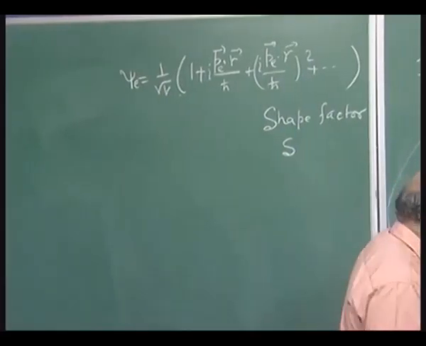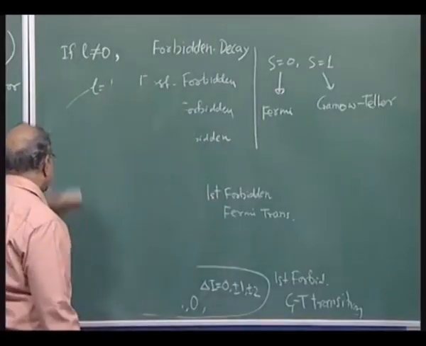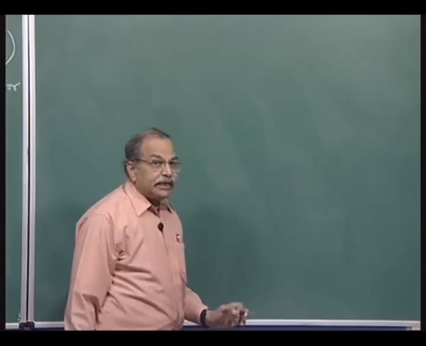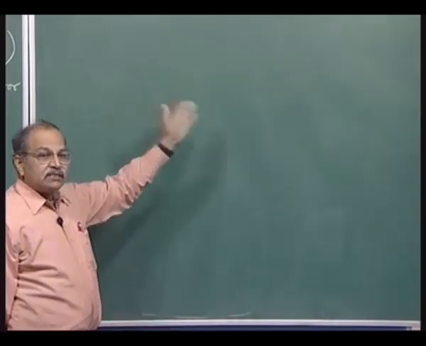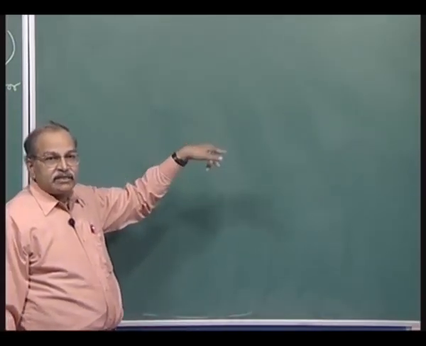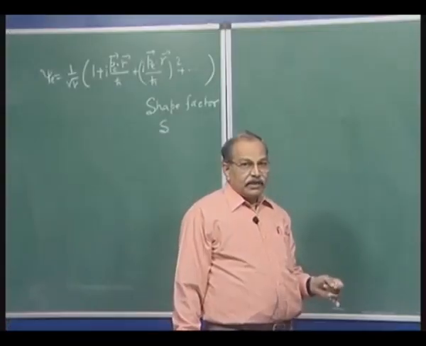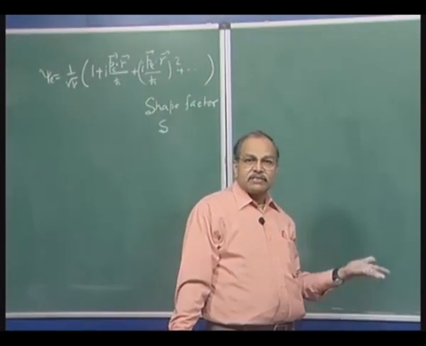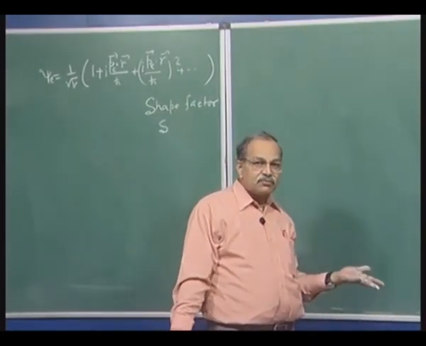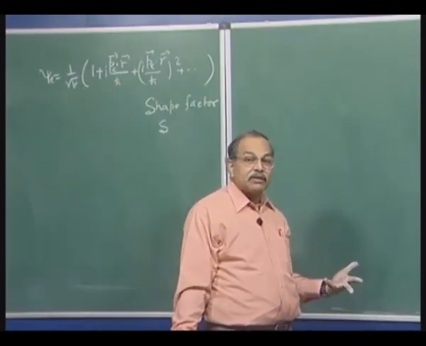The last thing I want to point out in this chapter is the effect of neutrino mass. All these expressions are derived under the assumption that the neutrino mass is 0. In terms of mega electron volts, even if it is there, it is very small, and it seems reasonable.